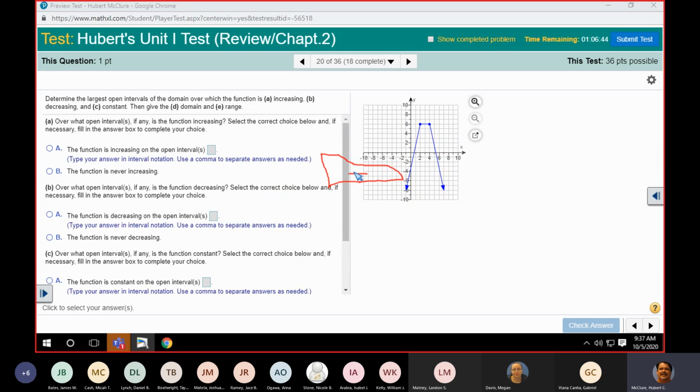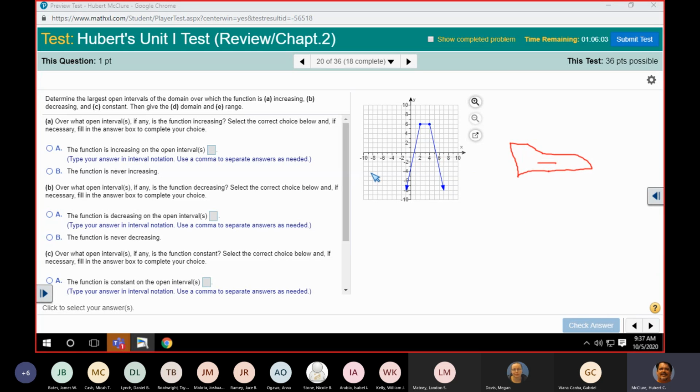From negative infinity to 2, it's increasing. Then what's it doing from 2 to 4? What's the neutrality between increasing and decreasing? It's staying constant. So constant from 2 to 4, and then it's decreasing from 4 to infinity.